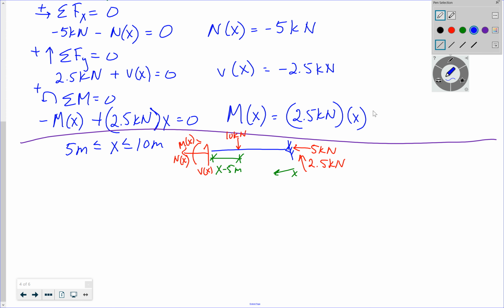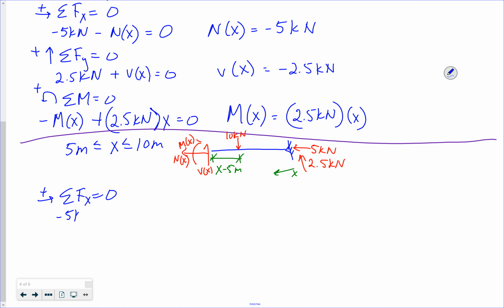Let's take the sum of the forces in the x direction. I've got negative 5 kilonewtons minus my axial function is 0, so I get to keep my negative 5 kilonewton constant compression force.